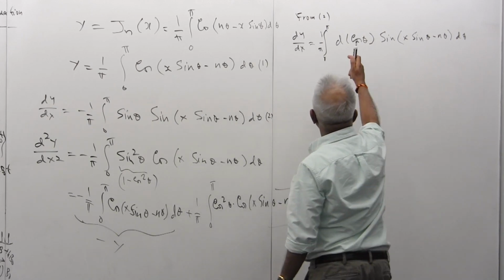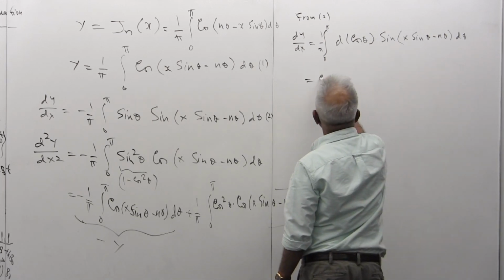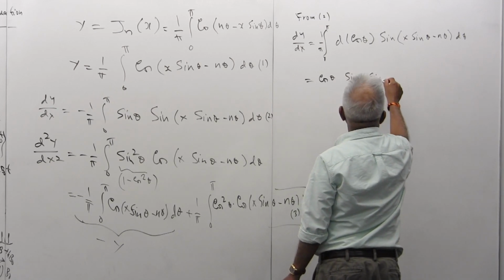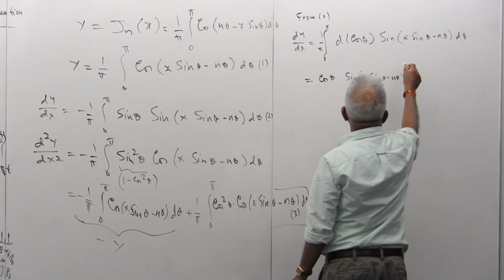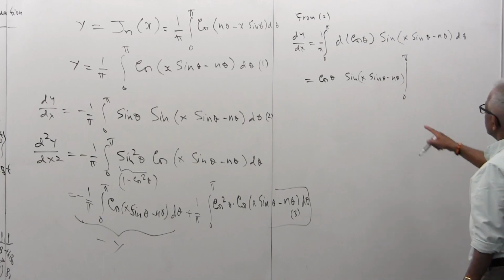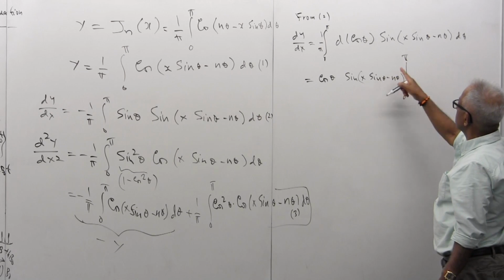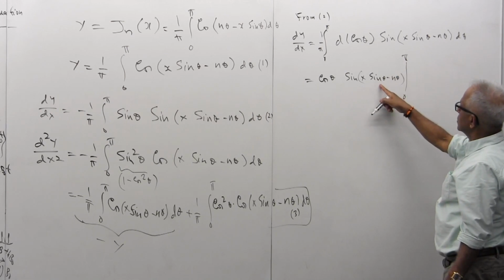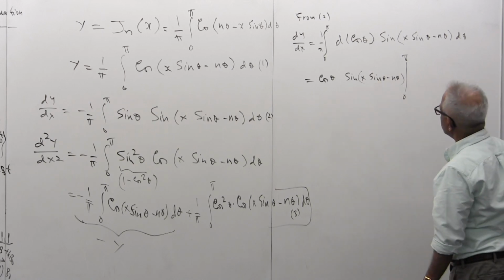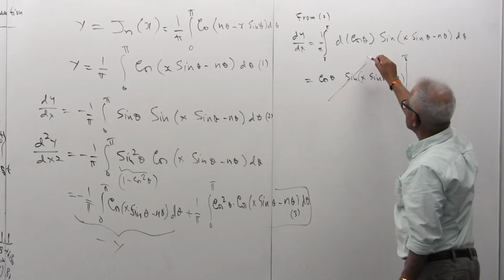So now if I use u dv is uv, cos theta sine. So when theta is 0, this is 0, sine 0, 0. When theta is pi, this is 0, so this whole thing is 0.